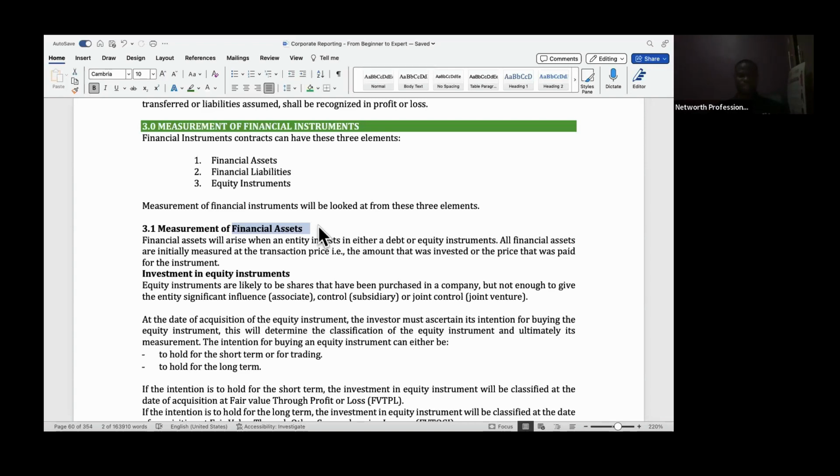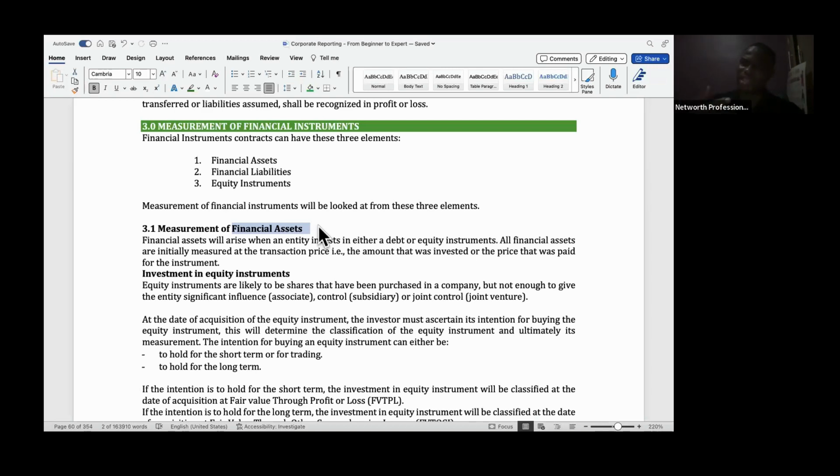Then the next two are where I really paid a lot of attention. The first one I looked at here was equity and debt. When it comes to measurements, the first thing is the initial measurement. And when it comes to financial assets, it is majorly around investments.